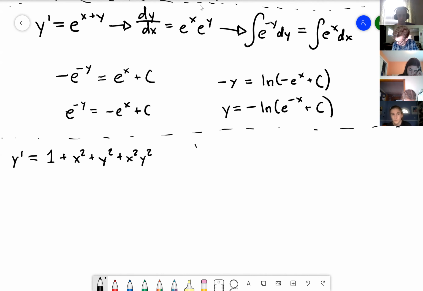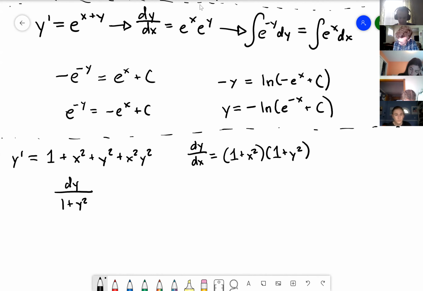I'll actually start this one. On the right-hand side, fairly simple integral, right?